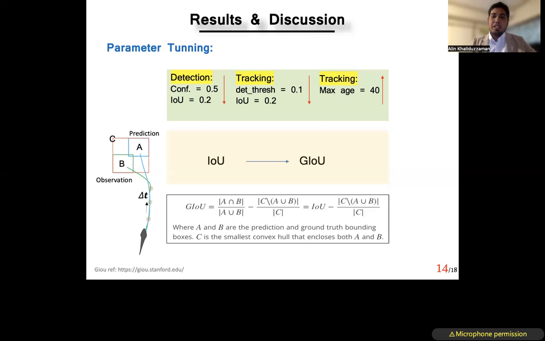Basically it indicates the lower overlap between the observation and the prediction, because the fish trajectory is sometimes complex. A high overlap would be like a wrong detection, so we have to give more flexibility to the intersection over union value. For this reason, I used GIoU.